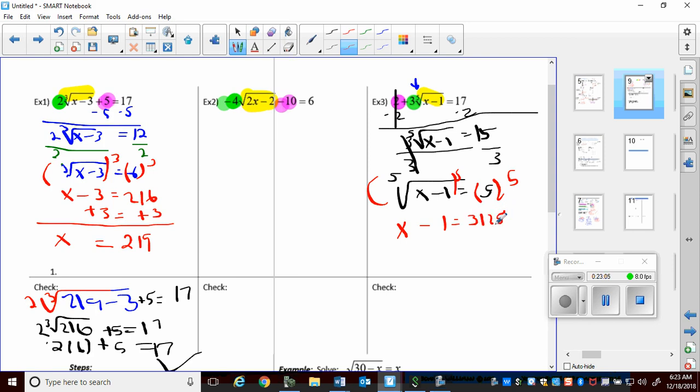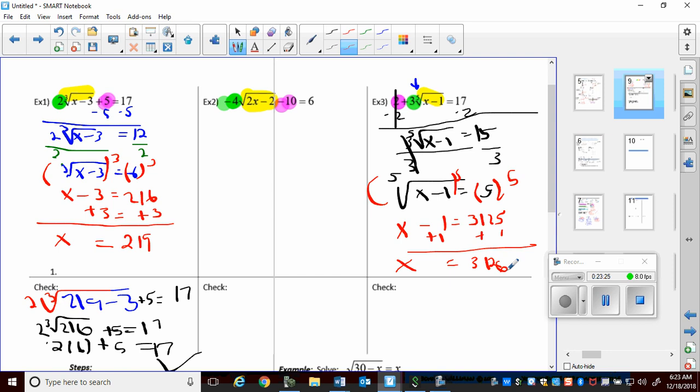Do the opposite, so add 1 to both sides. And I get that x equals 3126.